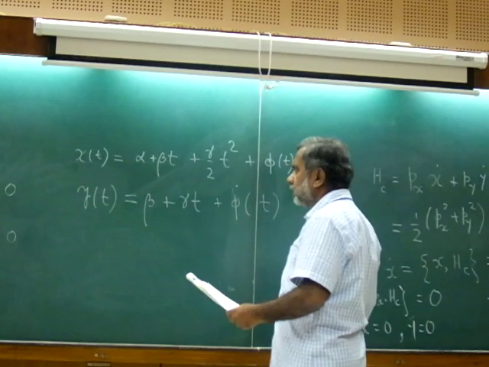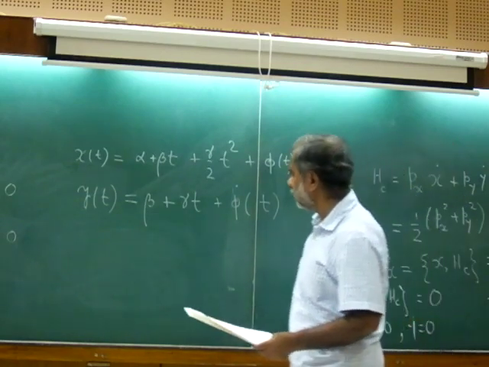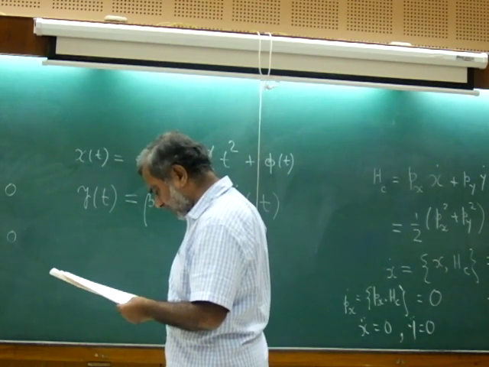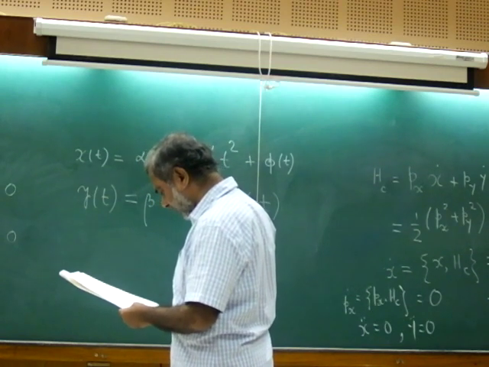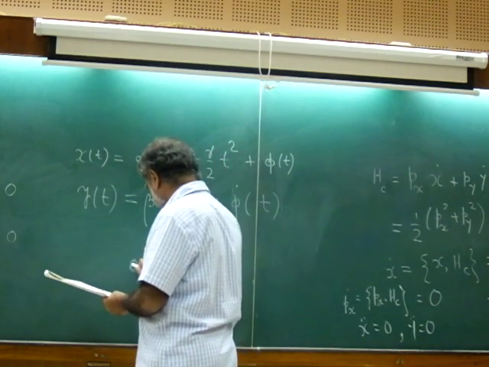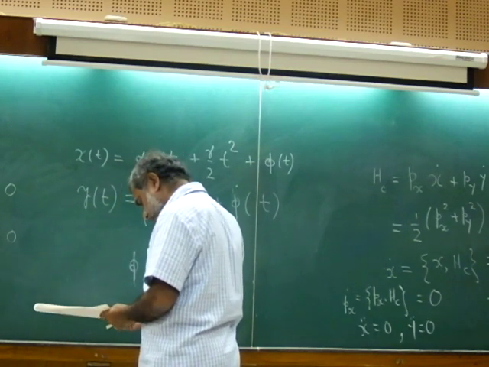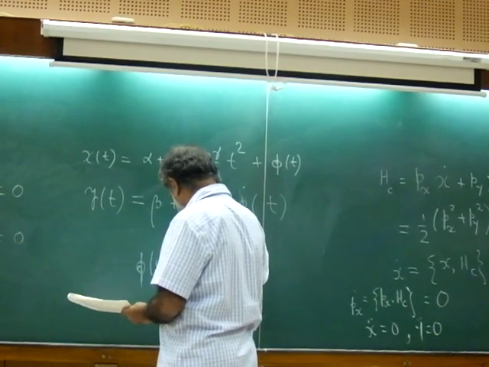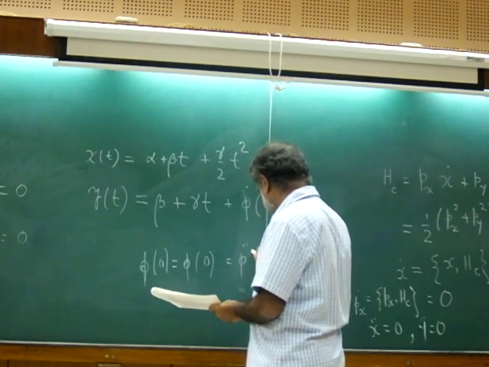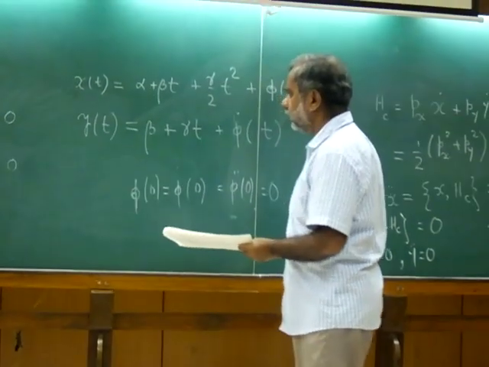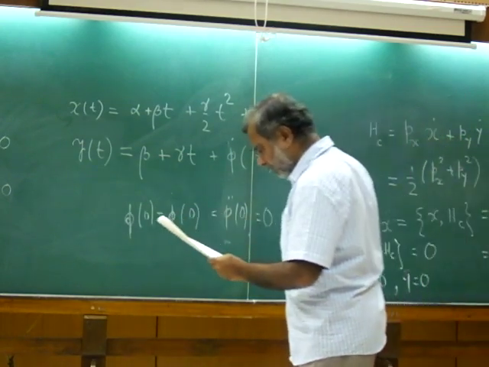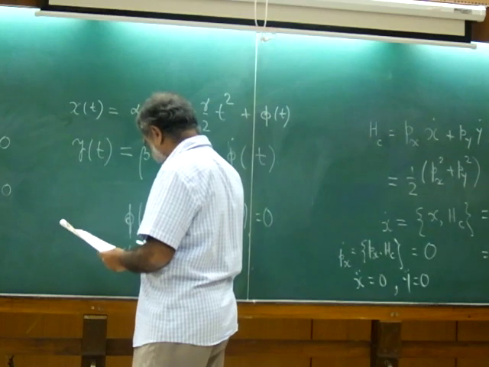So this is the solution I can write for this, and this function phi of t is actually arbitrary, except that it satisfies certain conditions that we have actually given. The boundary conditions are of course clear. These are the boundary conditions.